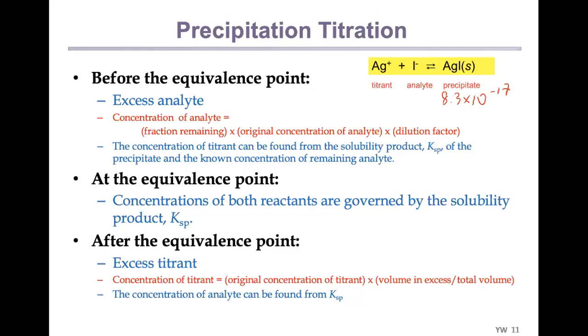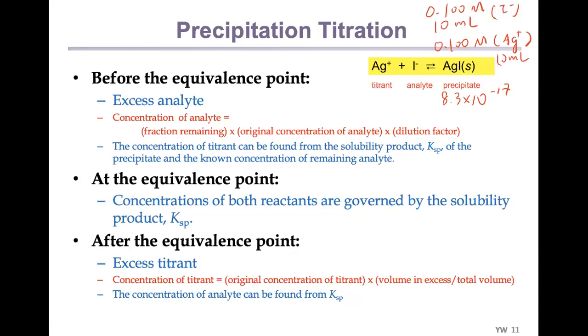So for example, if my iodide is 0.100 molarity and the volume is 10 milliliters, and my silver solution is also 0.100 molarity, how much silver solution is needed to reach the equivalence point? Anyone? 10 milliliters, right? This is a simple case, so it's 10 milliliters.